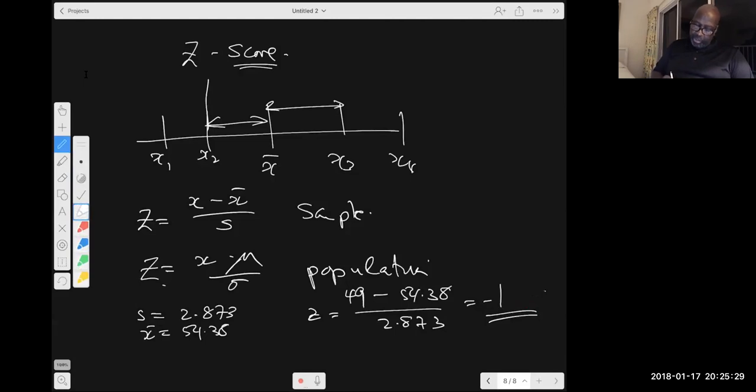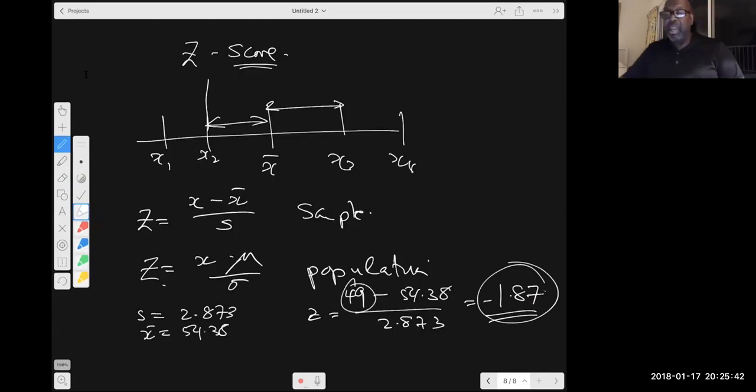That's a lot smaller than 3 standard deviations. So that 49 is not an outlier. So we can't say, hey, this person is lazy because they spend a whole lot less than the rest of the group, because it's not an outlier, okay? So that's with the Z score.